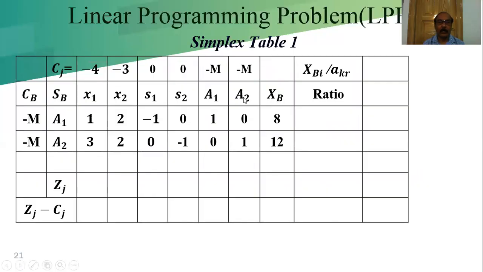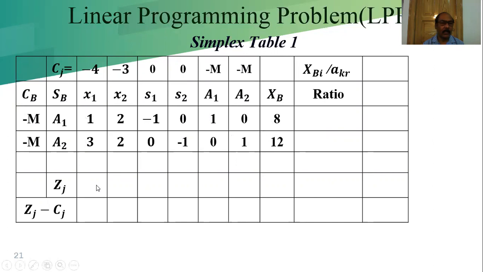Since a1, a2 are the basic variables, they are in the SB column. The coefficient of a1 is minus M and the coefficient of a2 is minus M in the CB column, from the objective function. This is the coefficient matrix: S1 coefficient minus 1, S2 coefficient minus 1, A1 coefficient 1, A2 coefficient 1, and the right hand side is 8 and 12.